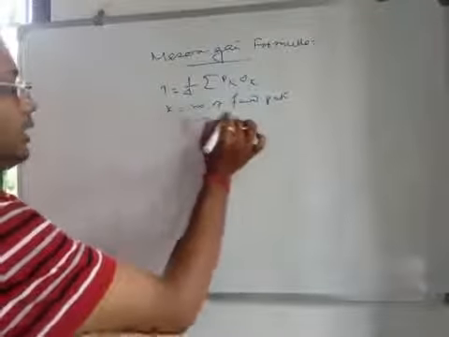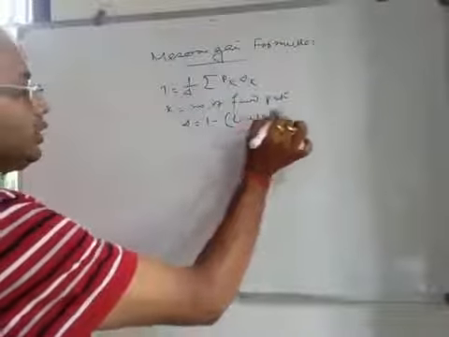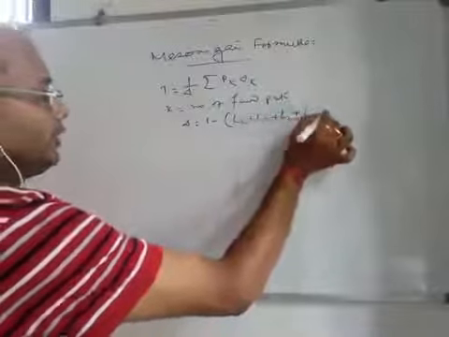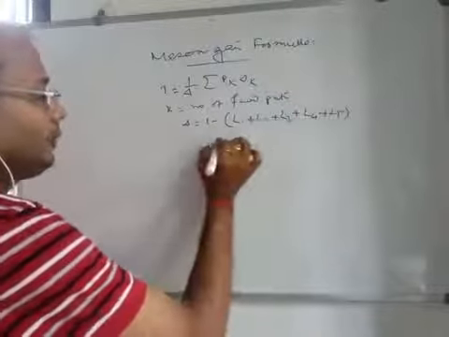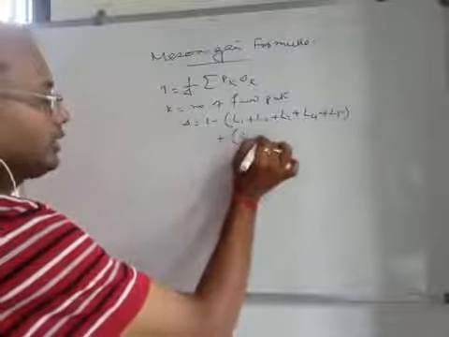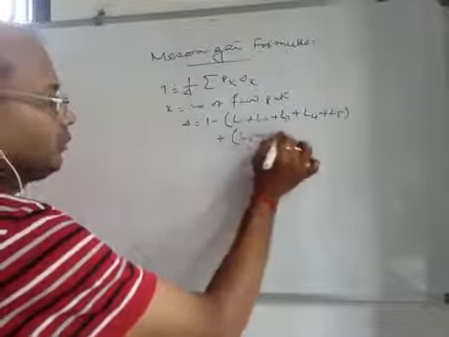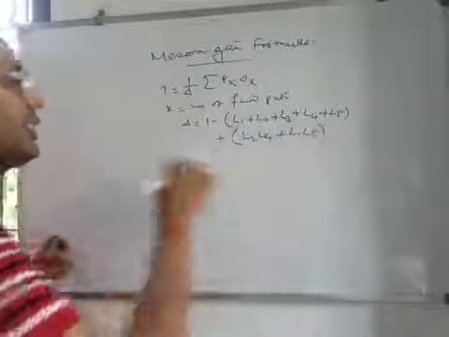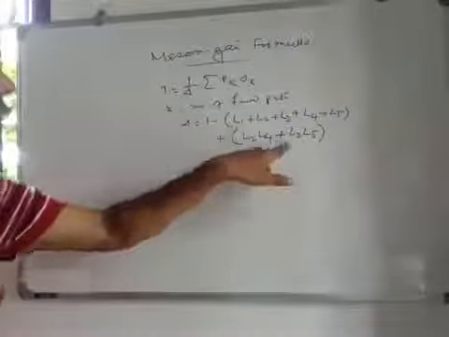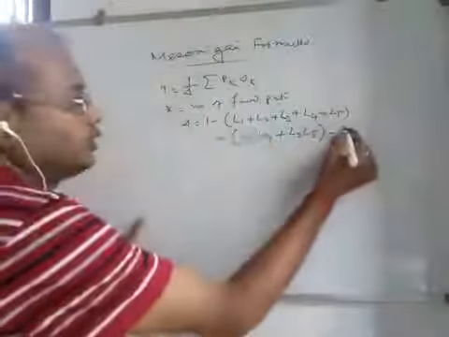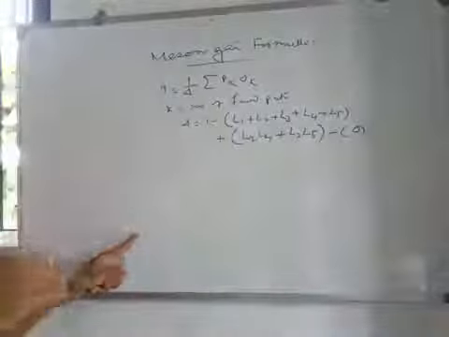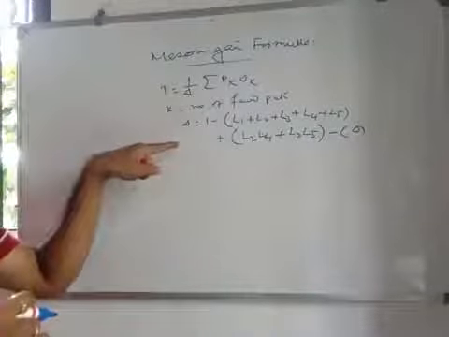Delta is 1 minus (L1 plus L2 and so on), for the last problem I will have in your copy, plus two possible combinations, L2 L4 plus L2 L5. That means the gain products are multiplied, and there is no such combination for three non-touching loops. So this is your delta, right?